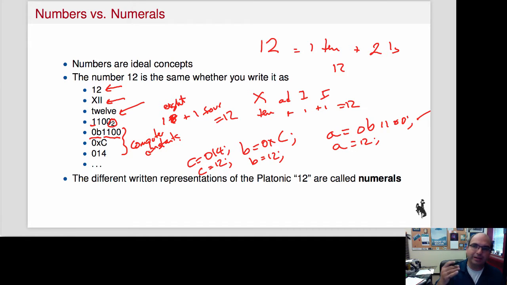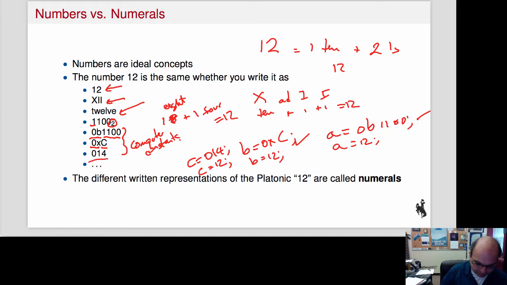Now they also liked hex because hex is kind of like binary, except every 4 bits becomes just one hexadecimal digit. And so they had the 0x prefix to mean the next number is in hexadecimal. C is the digit for 12. So here 0xC is simply 12. That explains that.